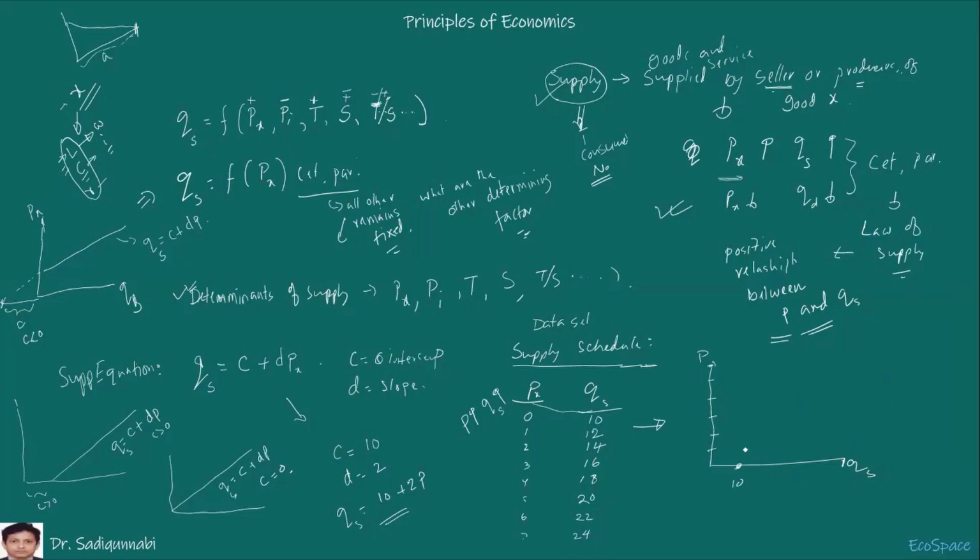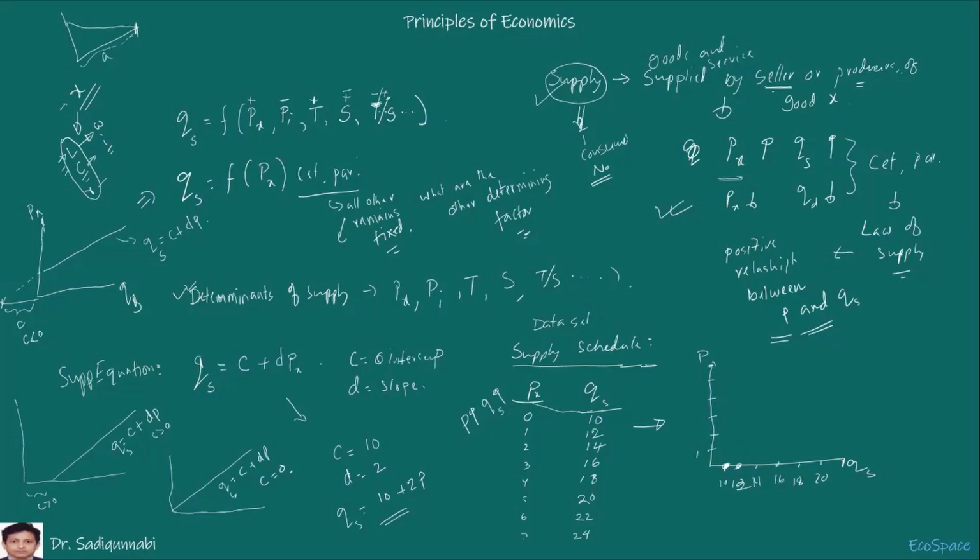So this is the point. When price is 1, then Q is 12. Maybe here. So let us move by two points. So this is the first point, 10, 12, maybe 14. This point may be 16, this point may be 18, this point may be 20, something like that.